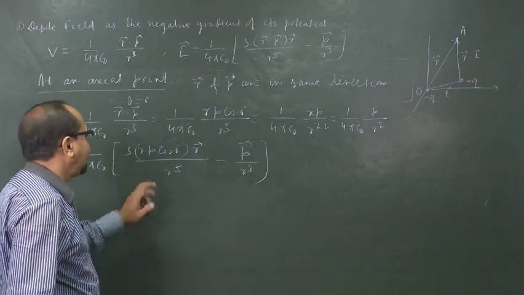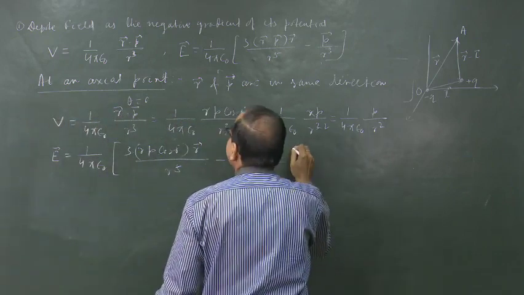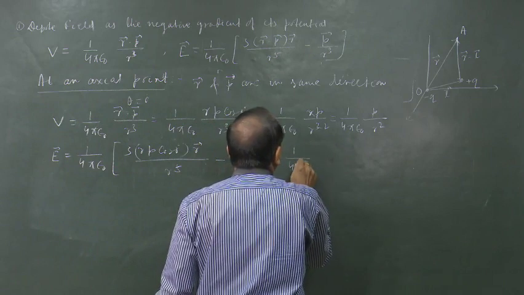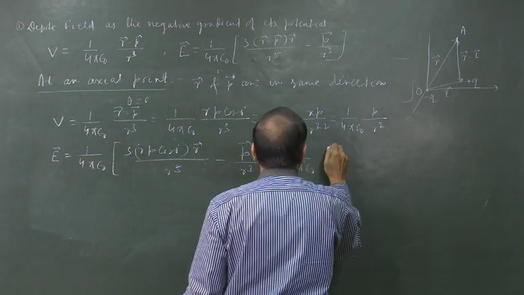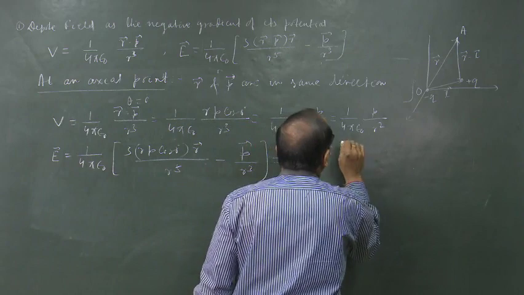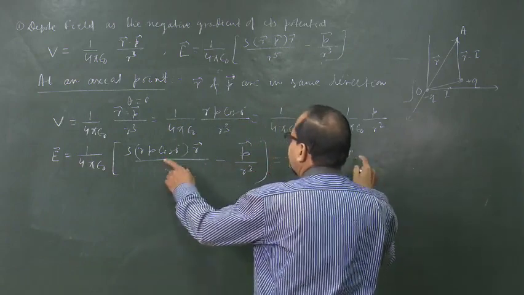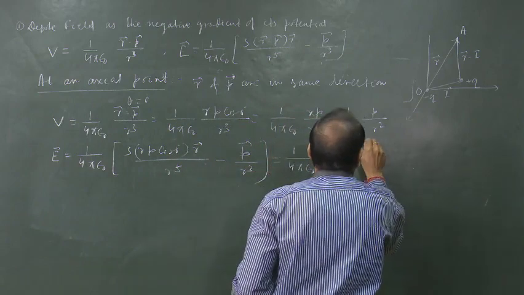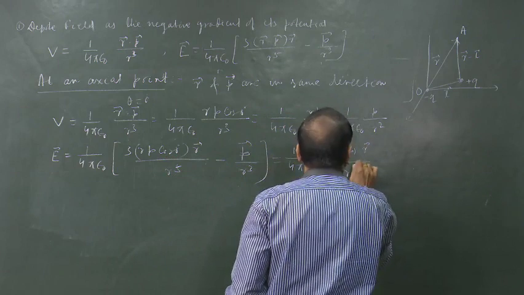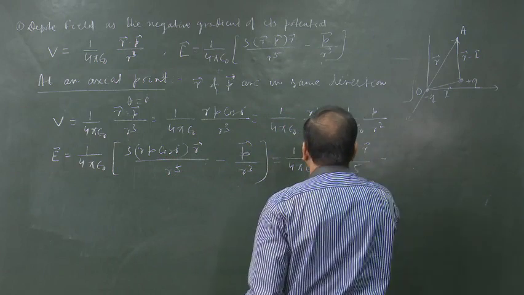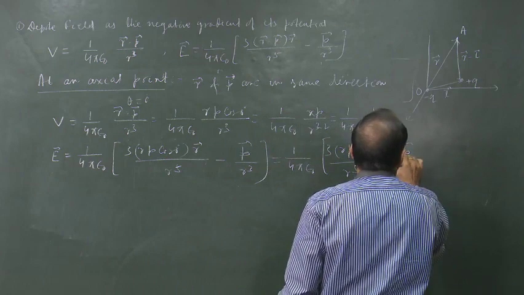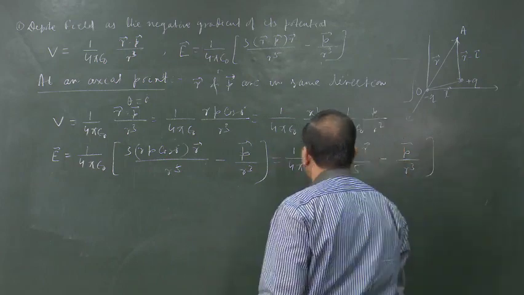Cos 0 is 1 and it becomes 1 by 4 pi epsilon naught 3 into r p into vector r divided by r to the power 5 minus vector p by r cube.